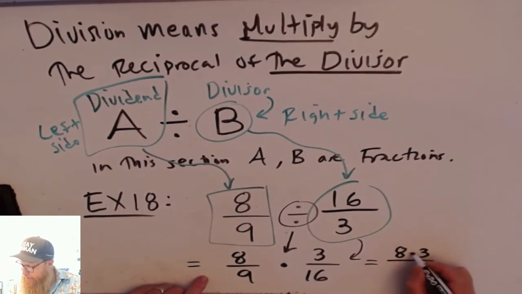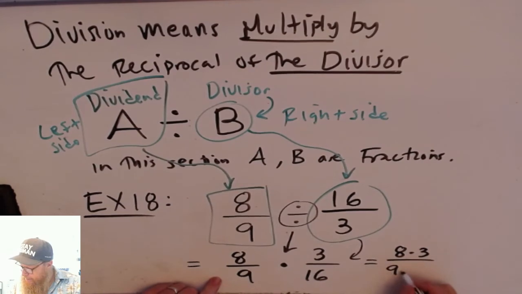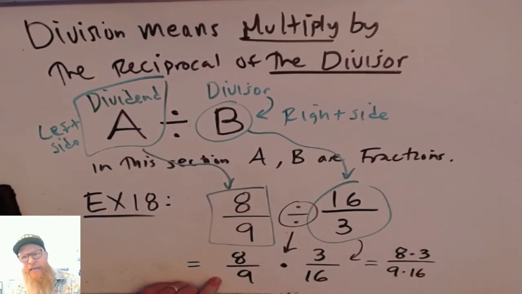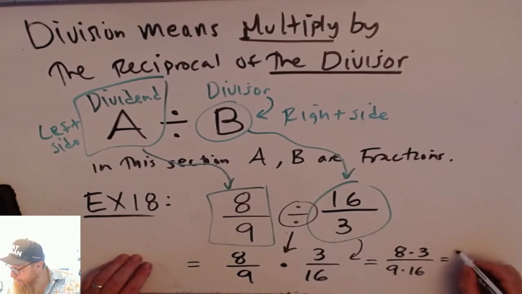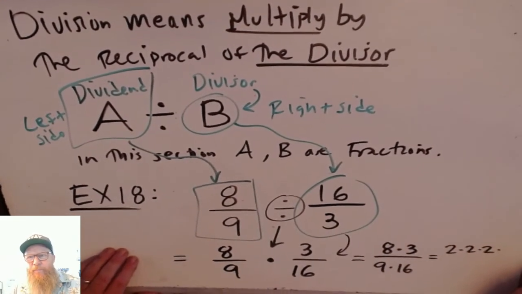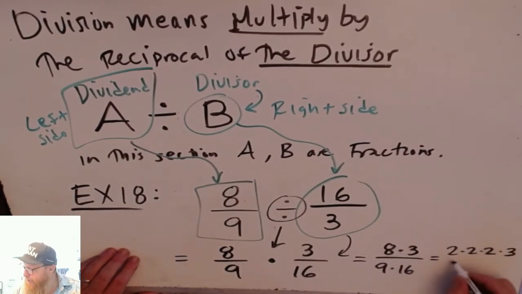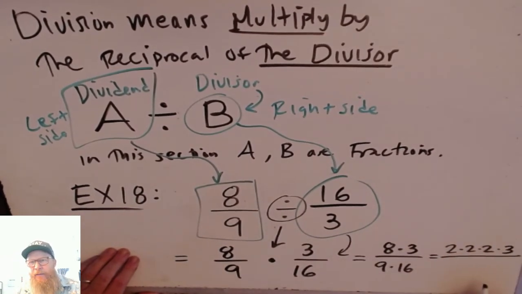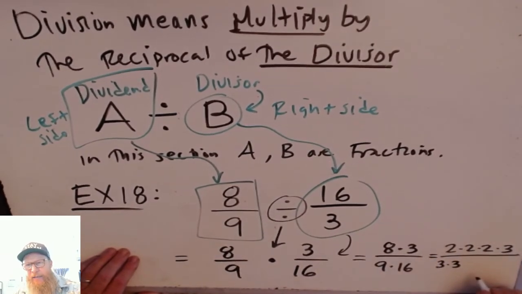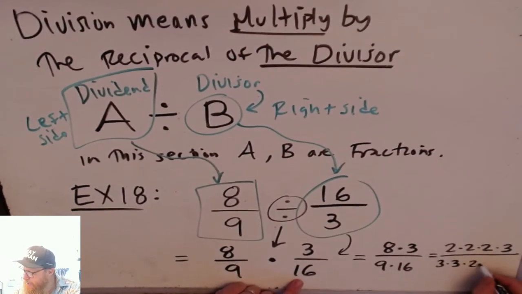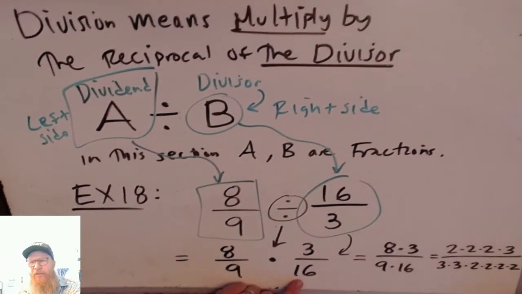So 8 times 3, 9 times 16. We've already done these kinds of problems. 8 is 2 times 2 times 2. 3 is already prime. 9 is 3 times 3. 16 is 2 times 2 times 2 times 2.